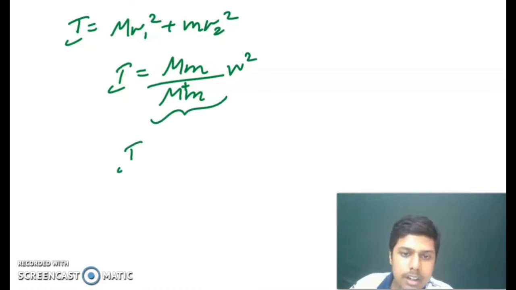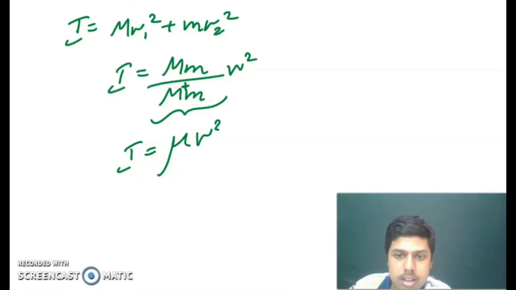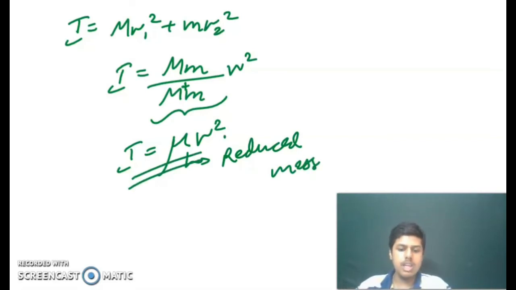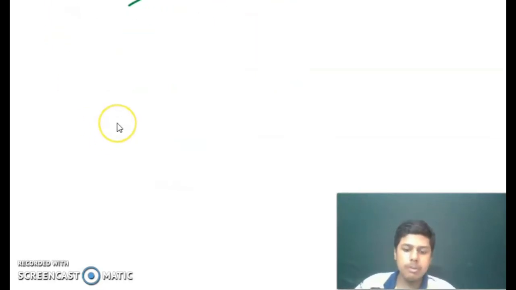So we can also write this as mu. Mu means reduced mass. This is the equation.